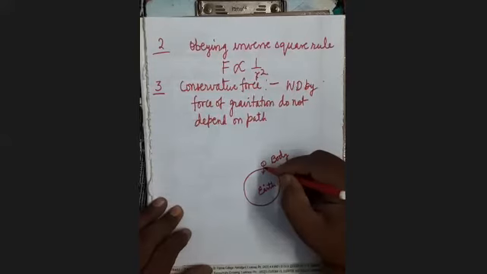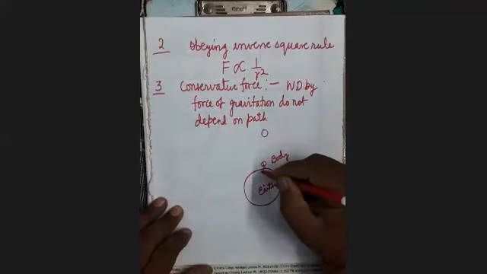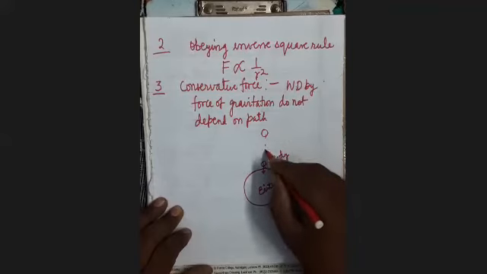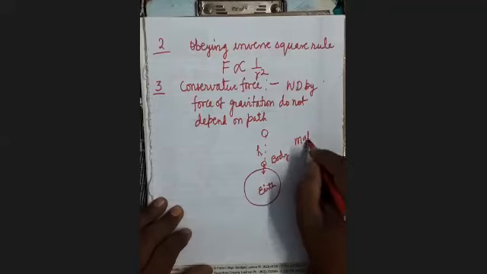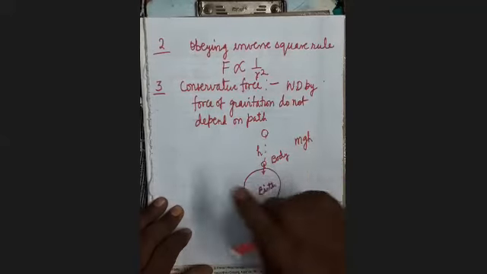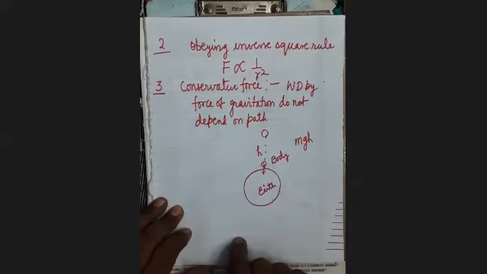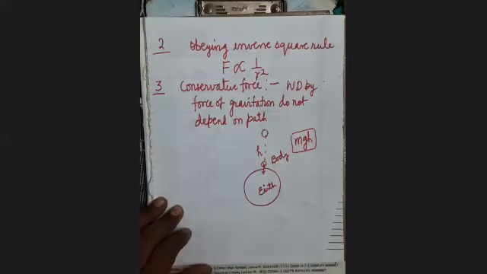If you are carrying it from Earth's surface to height h, how much work will be done? If we assume Earth's gravitational field is uniform in this region, then the work done is m g h.